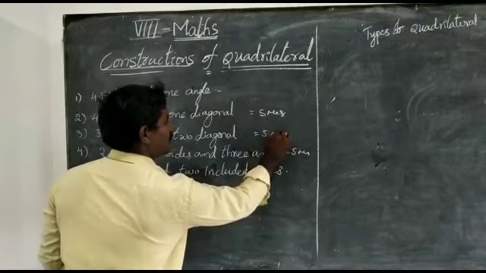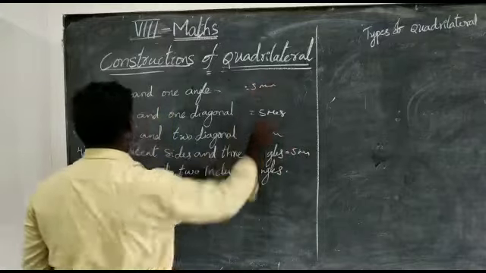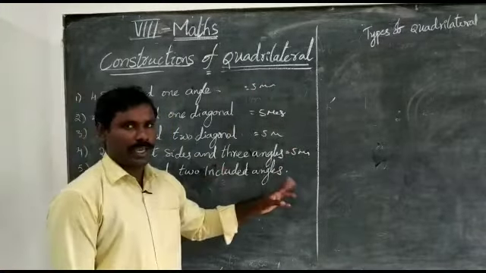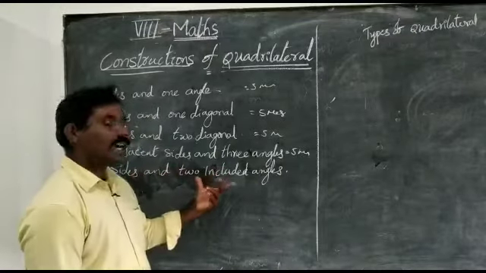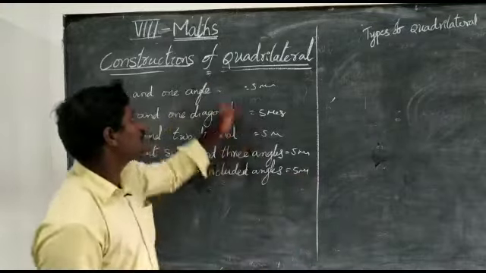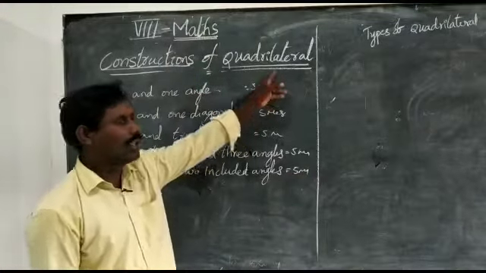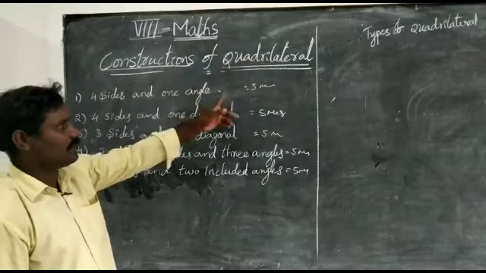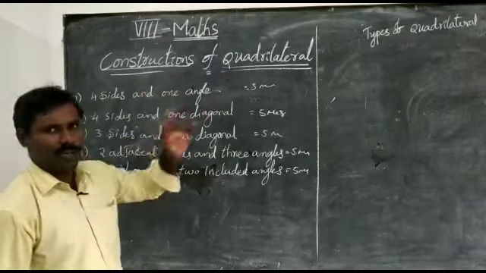Otherwise 3 sides and 2 included angles. Totally 5 measurements. If you want to construct a quadrilateral, you can take any of these 5 measurements and construct a quadrilateral.